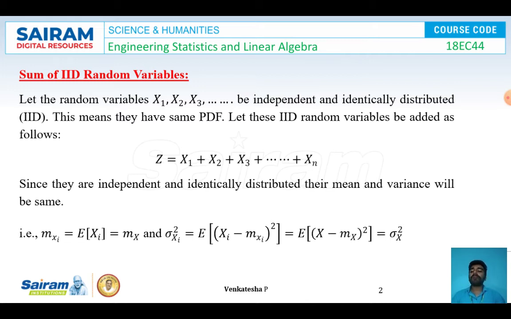That is, m_xi will be equal to expectation of xi, which is equal to mean of x, and variance of xi is equal to expectation of (xi minus mean of xi) whole square. It will be equal to expectation of (x minus mean of x) whole square, which is equal to variance of x. So in general we can say that mean of xi is equal to mean of x and variance of xi is equal to variance of x.